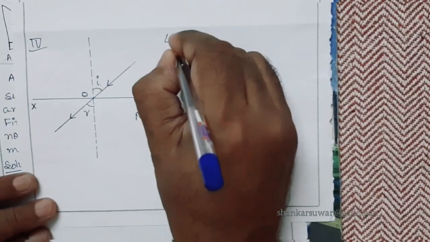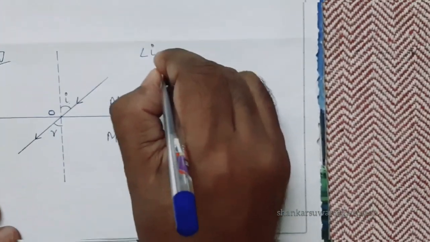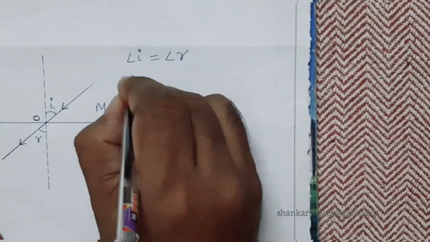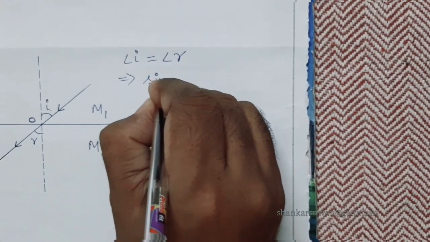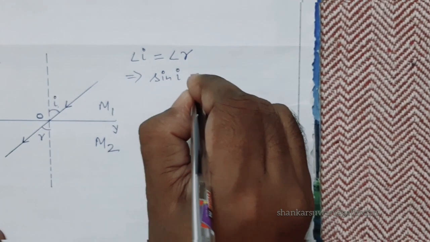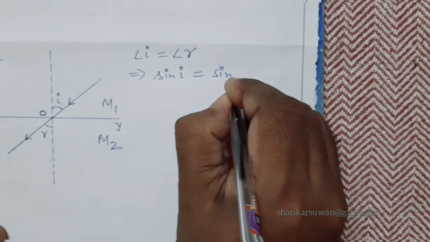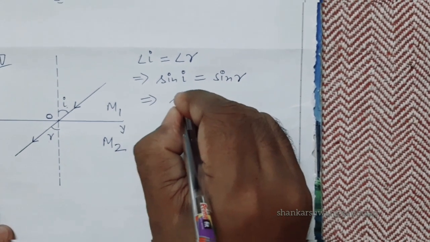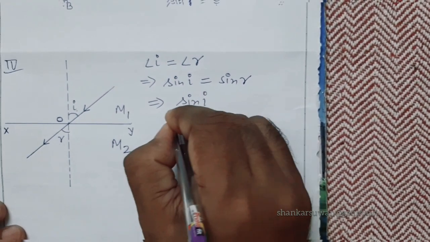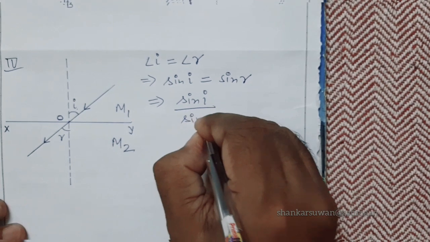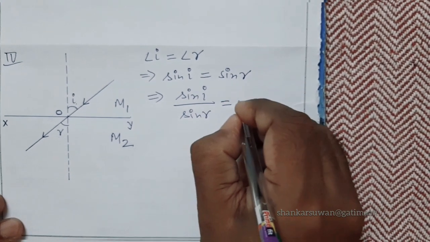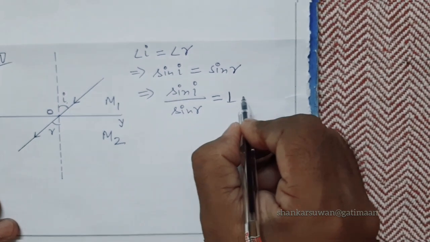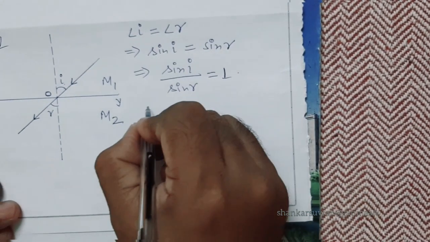So angle I is equal to angle R, which implies that sin I is equal to sin R, which implies that sin I upon sin R is equal to 1.